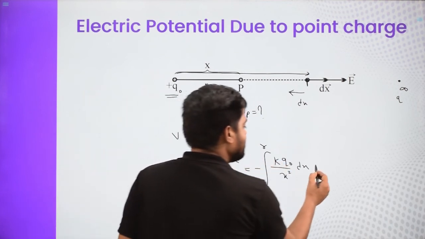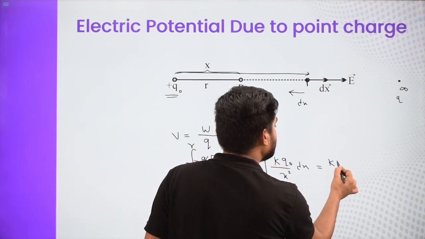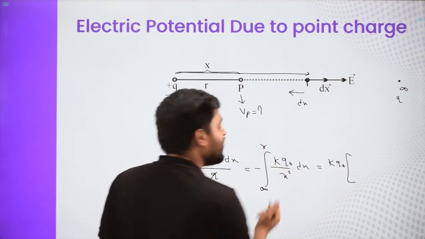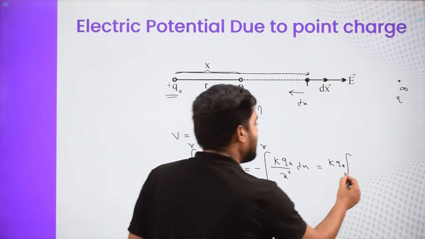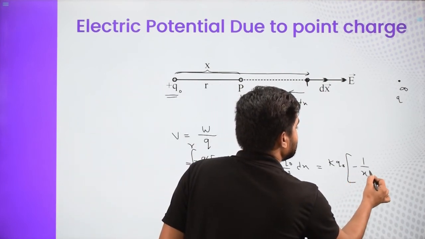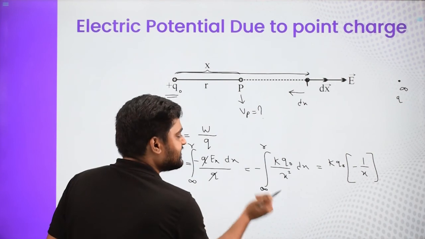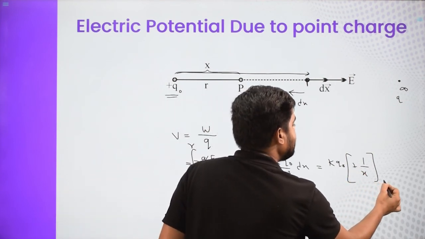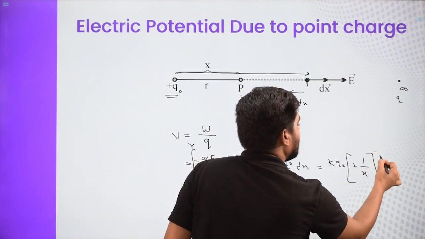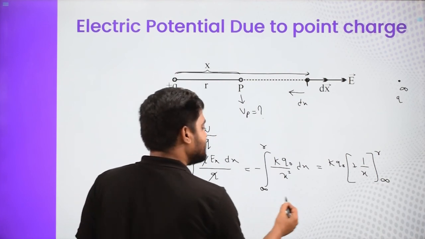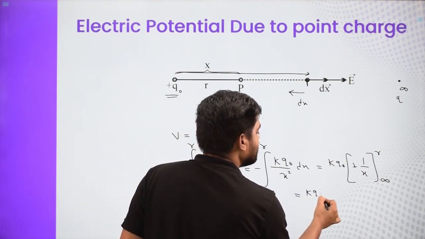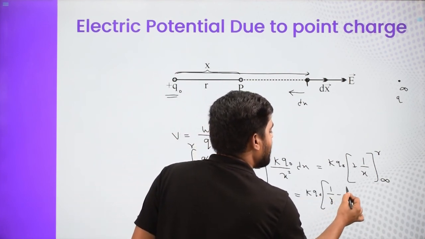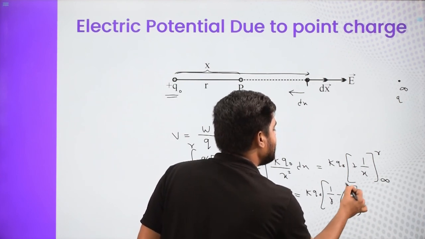So what is the integration of that? So k q naught is as it is. Integration of 1 by x square is minus 1 by x. And now there is a minus sign, so I am making it positive, and it is from infinity to r. That gives me k q naught, 1 by r minus 1 by infinity. 1 by infinity is 0.